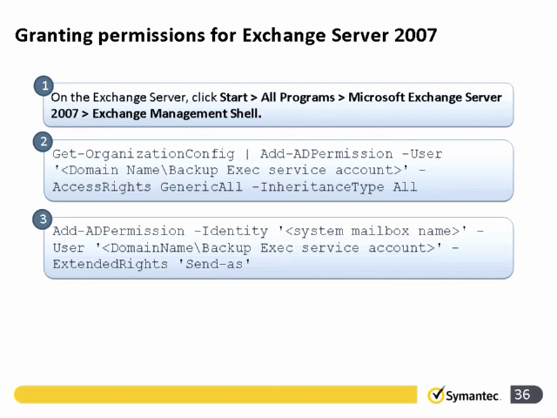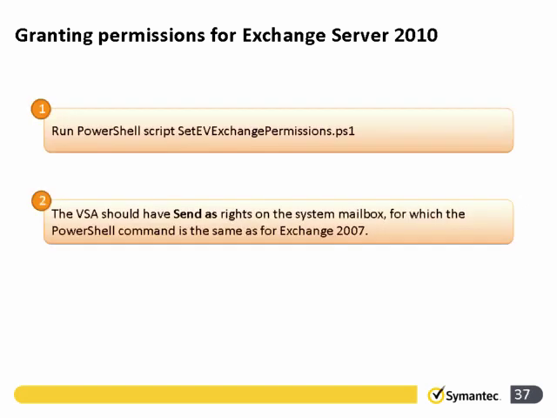These are also listed in knowledge base articles that you can download from Symantec. Granting permissions in Exchange 2010 is done from PowerShell, and the service account should have send as rights on the mailbox. Again, follow what's here or in your book or from the knowledge base article.